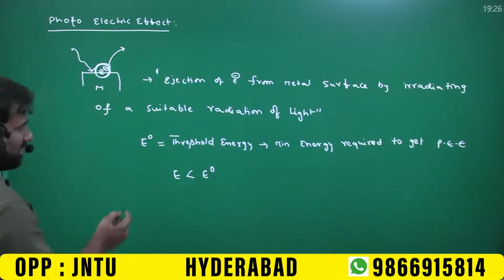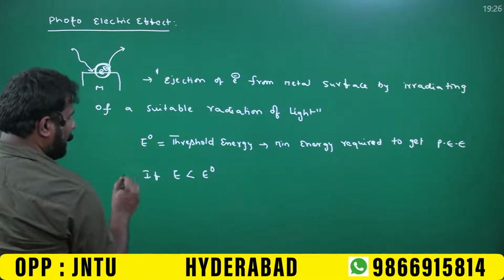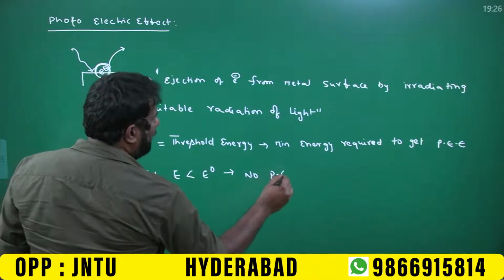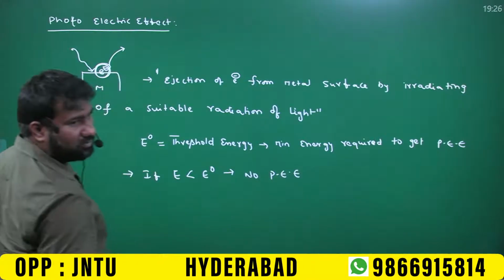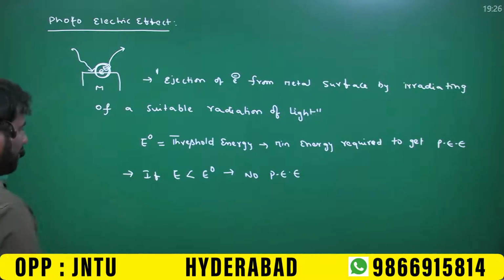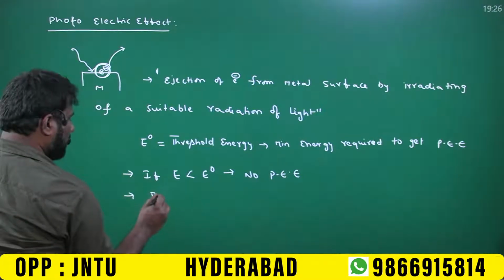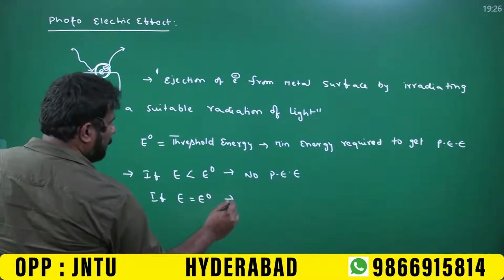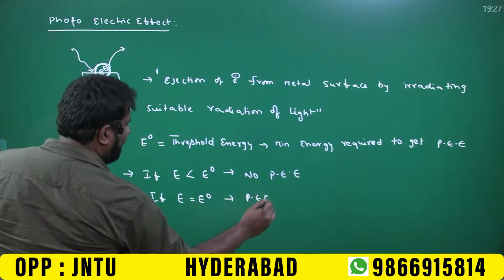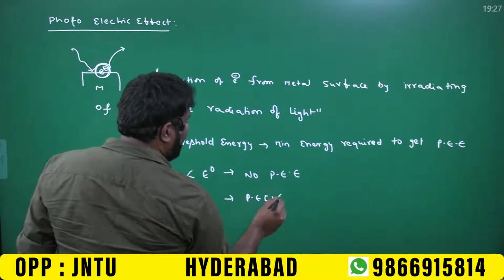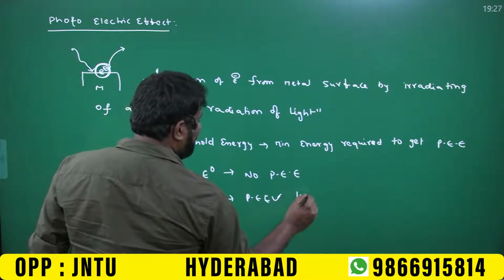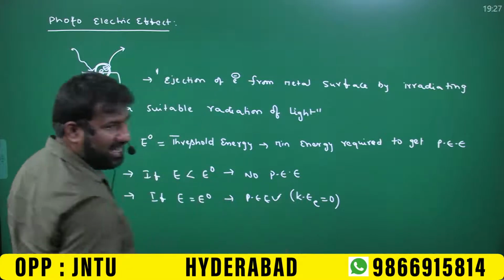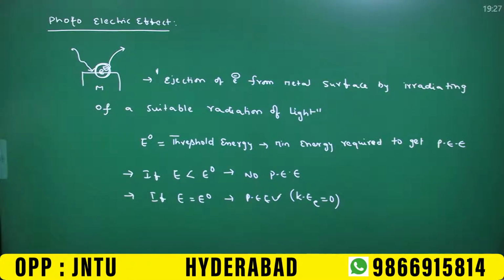No. That means if E is less than E naught, there is no photoelectric effect. If E equals E naught, there is a photoelectric effect, but the kinetic energy of the electron is 0.